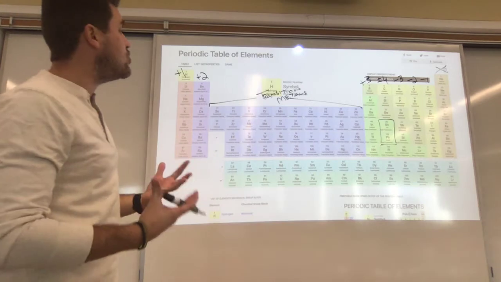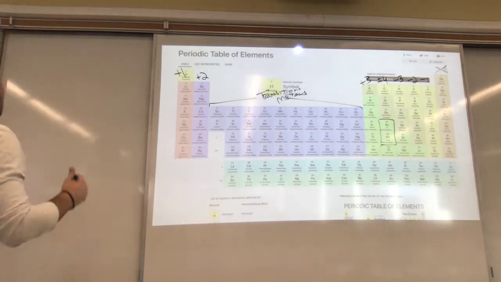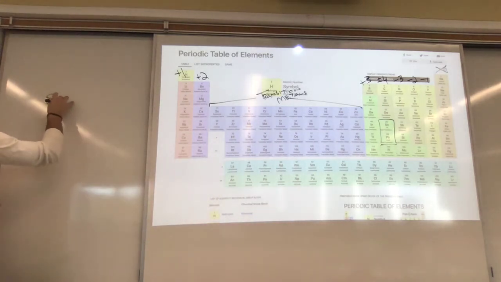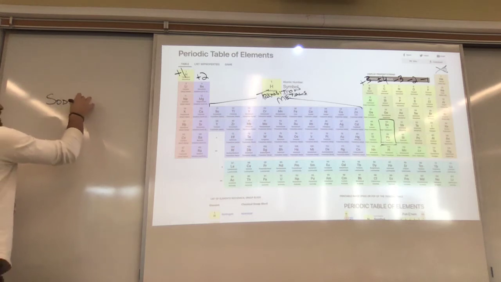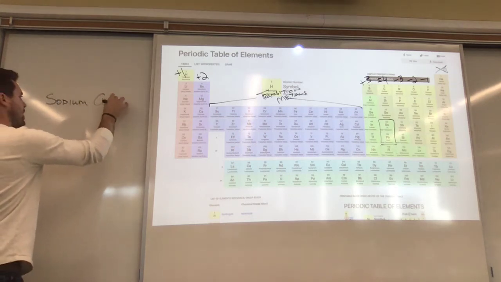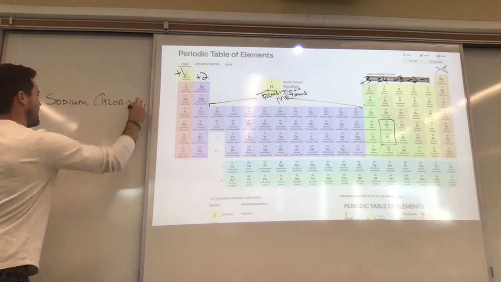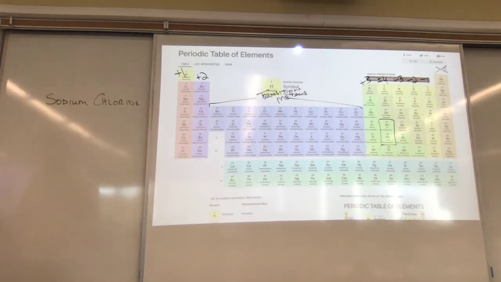Now, I can use this to solve a couple of examples of names for ionic compounds. So, I'm going to go ahead and write out a few examples of ionic compounds that we can test out our little scheme with. Okay, so we have sodium chloride.